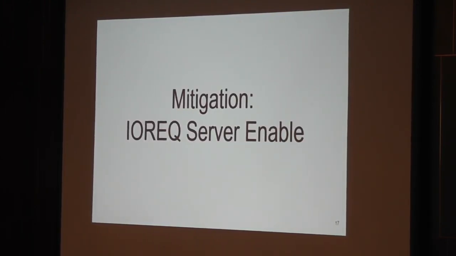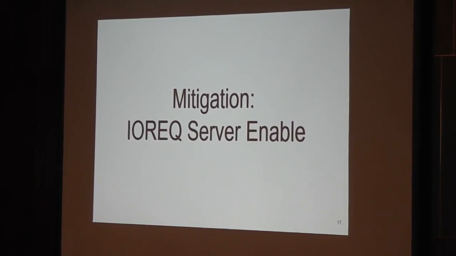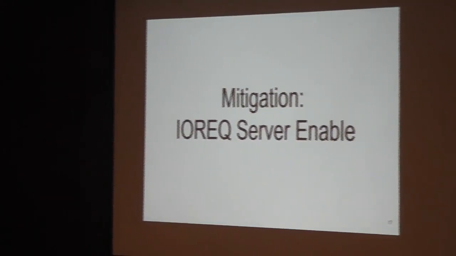So the mitigation against this particular attack vector is part of the XenServer API that we added in Xen, which is the enable call. When the XenServer is created in Xen, actually the protocol is not immediately operational. When those shared pages are mapped by QEMU, Xen will not actually forward I/O by default.